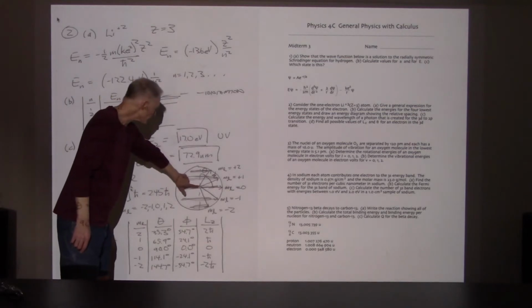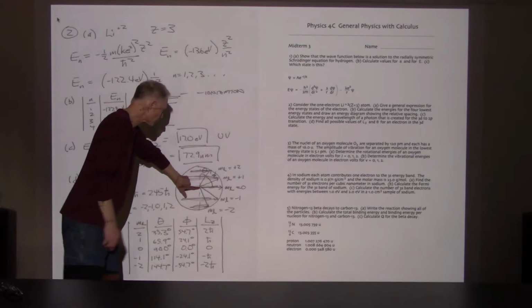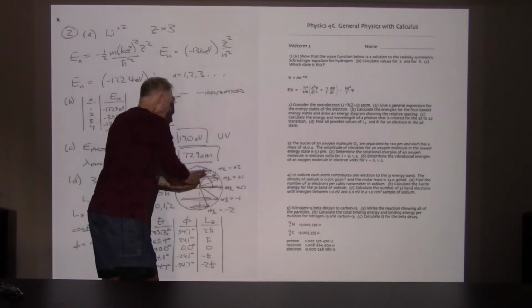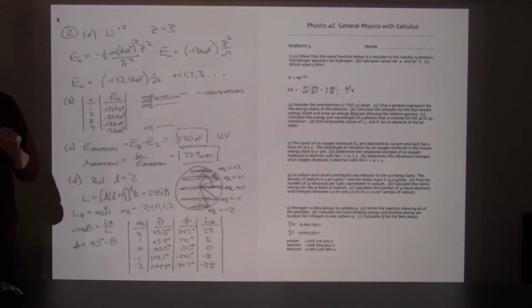And then we can have no units in the z direction, and that would keep all the angular momentum in the xy plane. That state would be m sub l equal to 0. The 0 tells us none of the angular momentum is in the z direction, it's all in the xy plane.